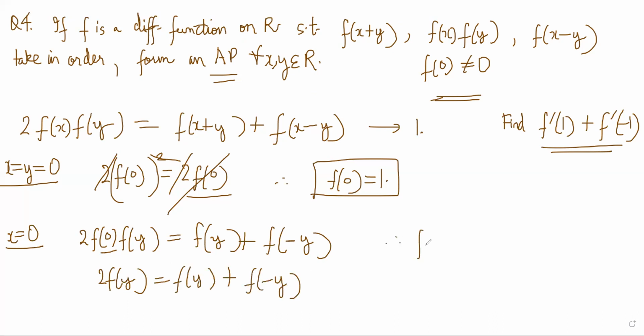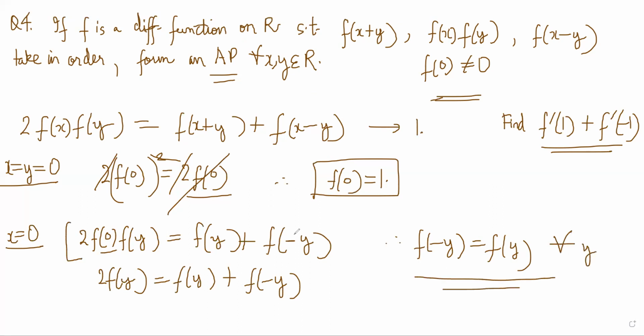Therefore, you get f of minus y is equal to f of y, right? And this is true for all y, because this relation was true for all x and y. So that means, first of all, it's an even function.